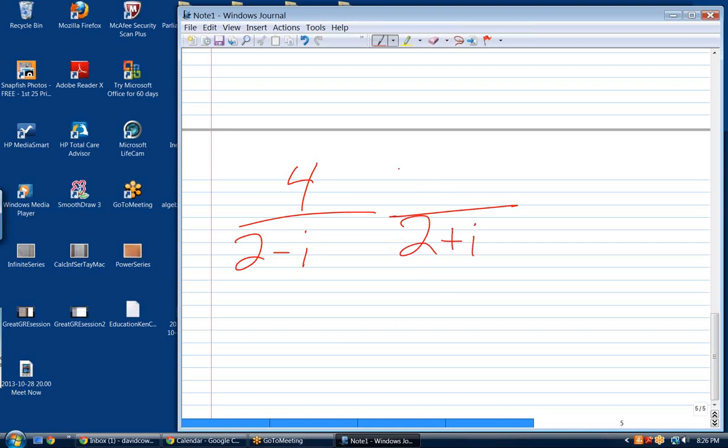And since I have to multiply it by 1, it's got to be 2 plus i over 2 plus i. And this times that will automatically get rid of the i from the denominator. Notice there's no middle term anymore. They both cancel when you FOIL this.